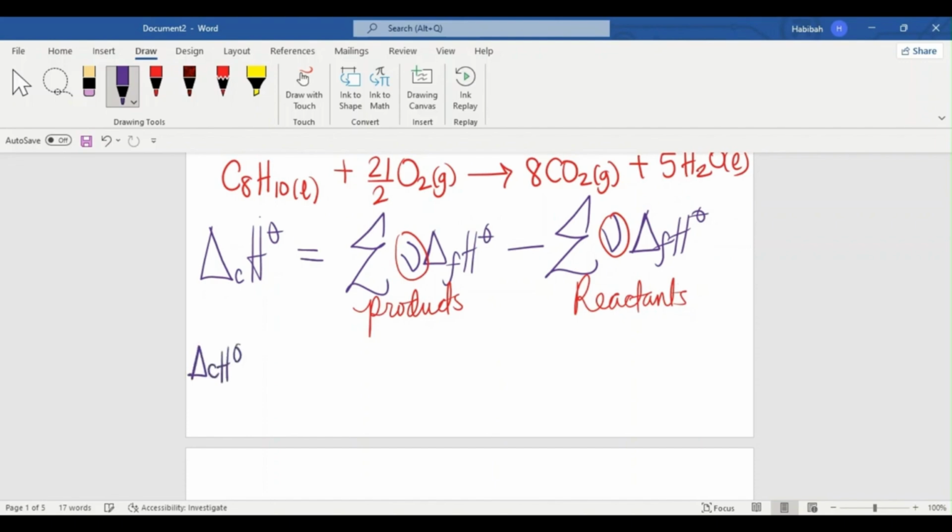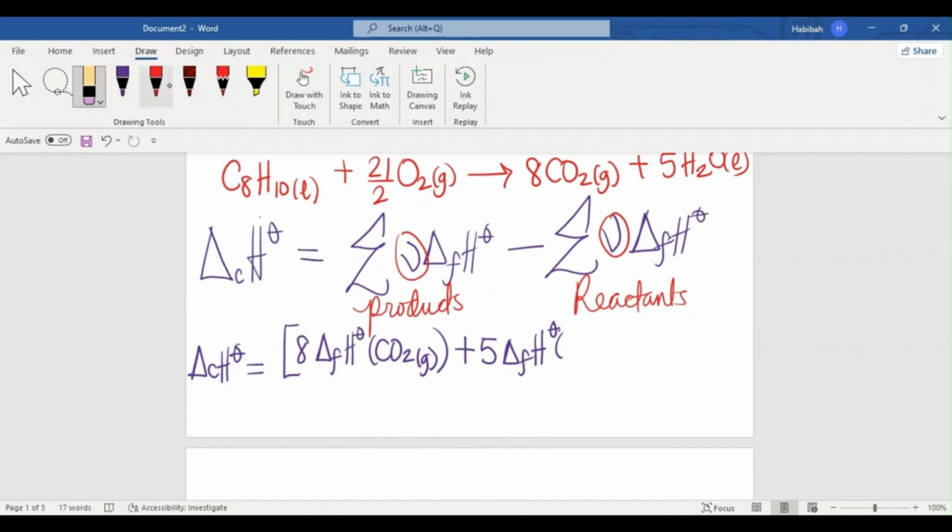We have this here equals 8 times the standard enthalpy of formation of CO2 gas, plus 5 times the standard enthalpy of formation of H2O gas, sorry, H2O liquid. Why am I saying H2O gas? H2O liquid. I'm just showing you what we're doing here.